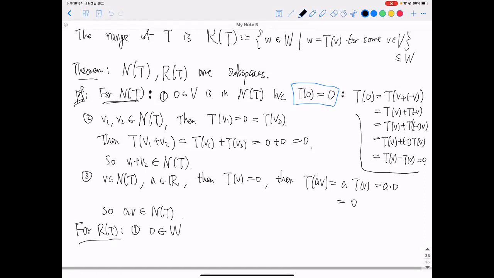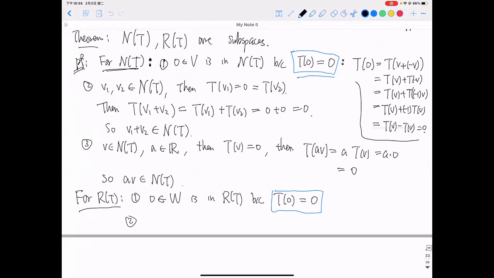First of all, the range contains the 0 vector of W. And that is because if you want the 0 vector to be in the range, it means it has to be of the form T of something. And that something is 0, as we've already seen over here. Okay.